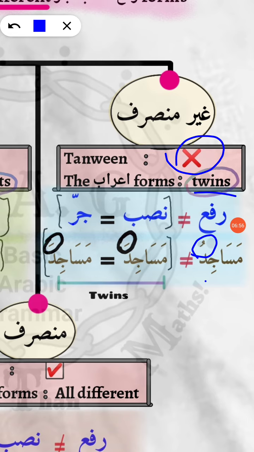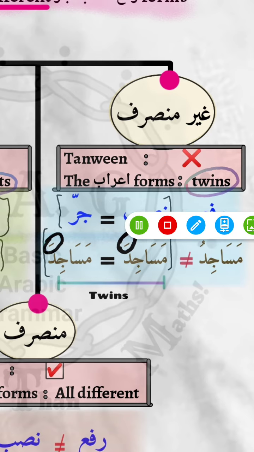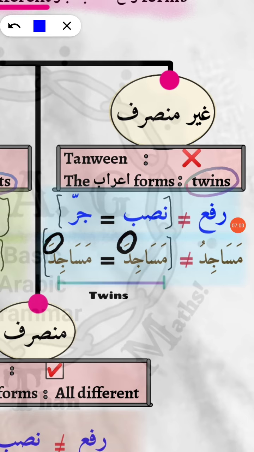So that can be very easily seen here, that our example for a ghair munsarif ism is masajidu. Notice no tanween, and also notice that the nasab form is masajida, which is expected, and the jar form, however, is masajida as well. All right, which is not expected. You would expect it to be masajidi, but that is not the case.